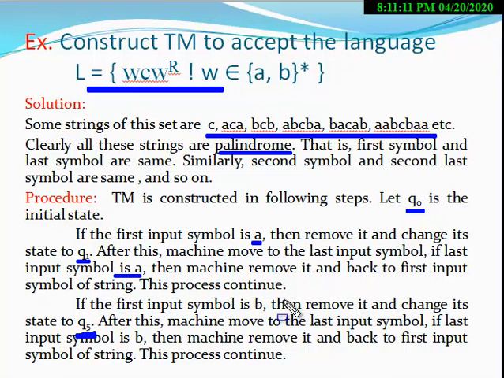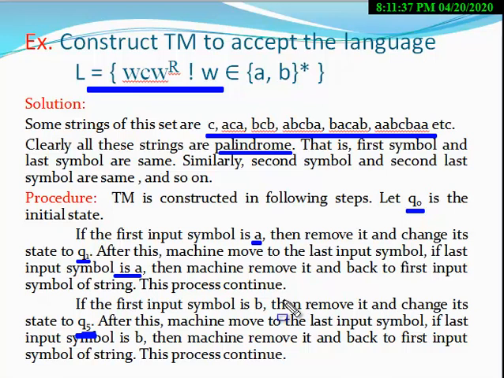So the logic of constructing a Turing machine for this, again we see step by step. First you have to start from the initial state. Check whether the first tape symbol is A or B. If the tape symbol is A, the machine removes that tape symbol and changes its state to Q1.